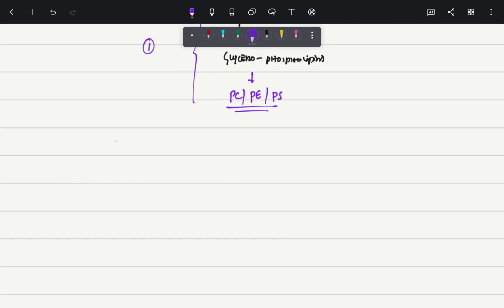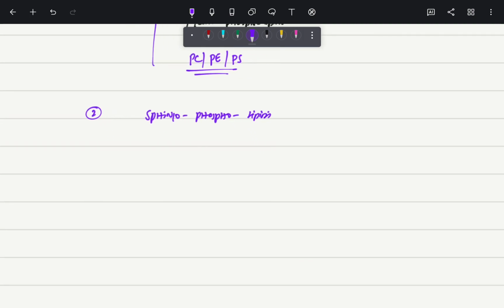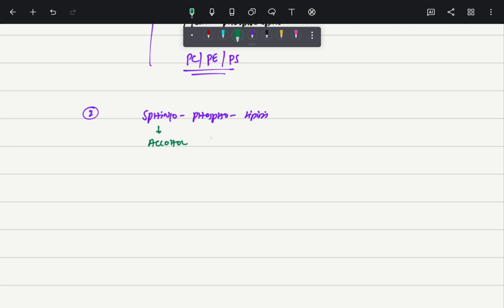Next we will talk about sphingophospholipid. So what is sphingo? Sphingo is an alcohol, phosphoric acid, and fatty acid.